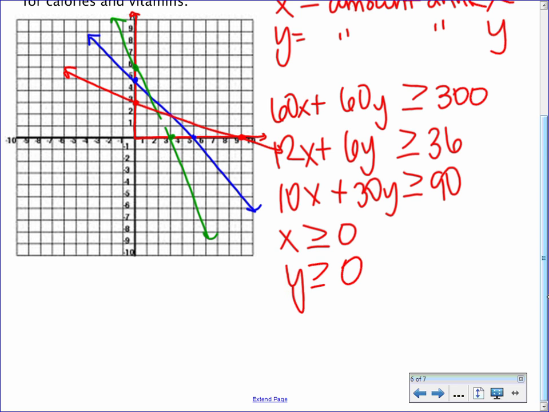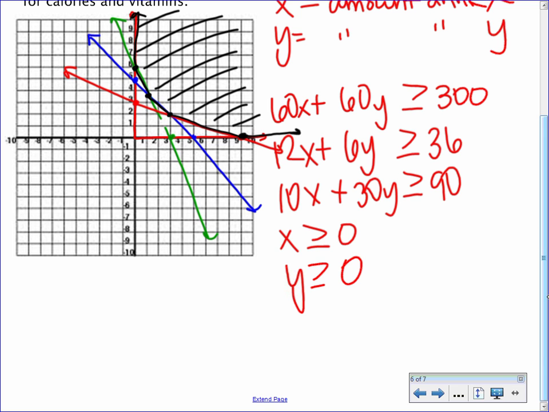Away. So we have to shade away from all of these, correct? Yes. We have 1, 2, 3, 4 vertex points.